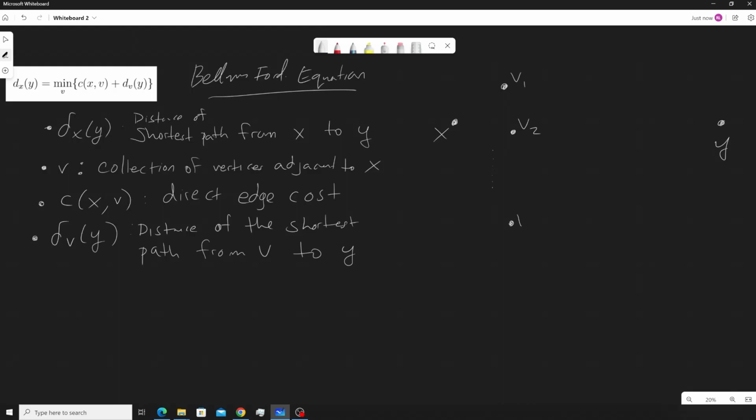Okay. This collection of nodes, let's say that these are connected. Okay, and let's say that there's more than 3. Okay, let's say that there's a bunch in between. This collection of nodes represents V. Okay, this is the collection of vertices adjacent to x.